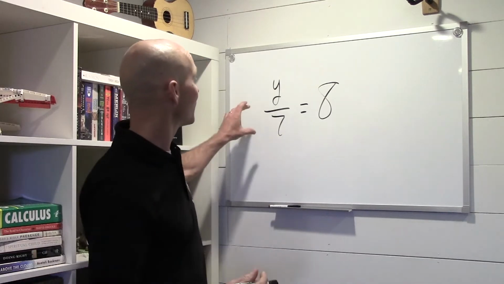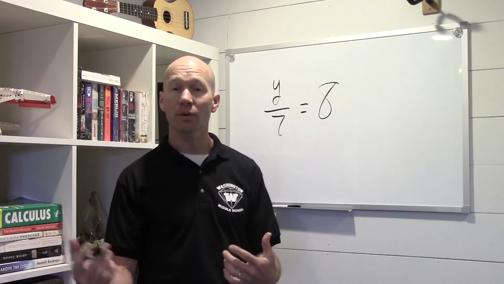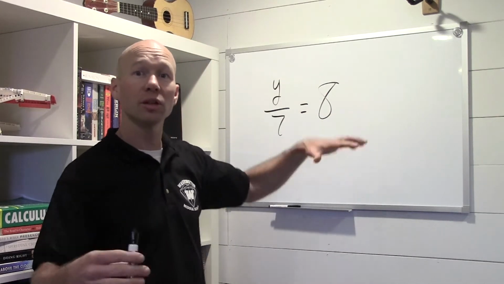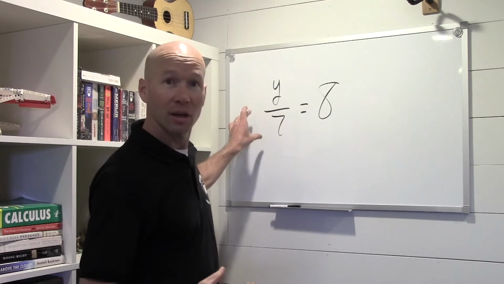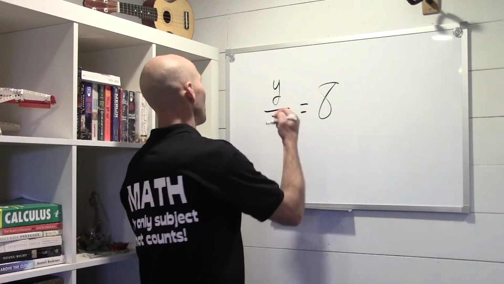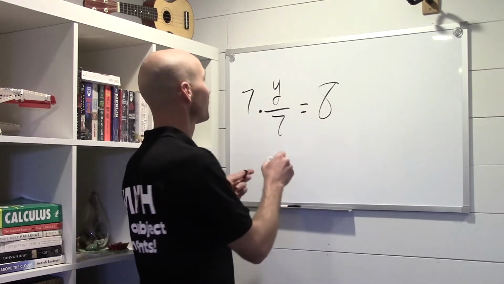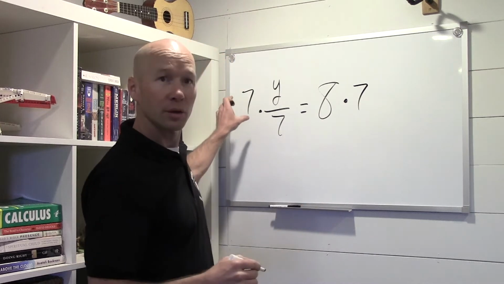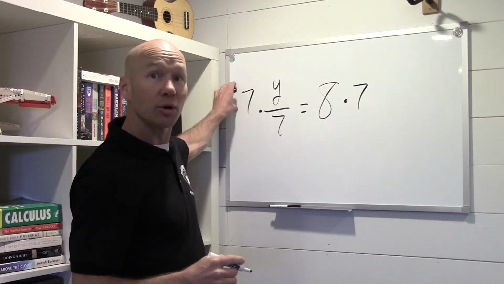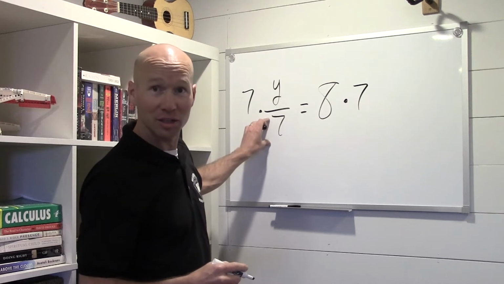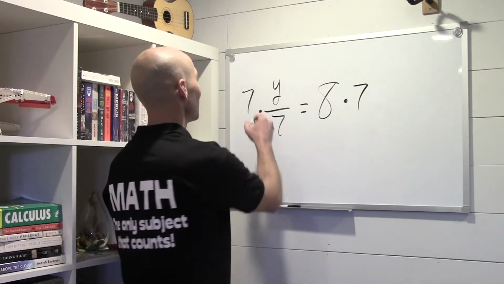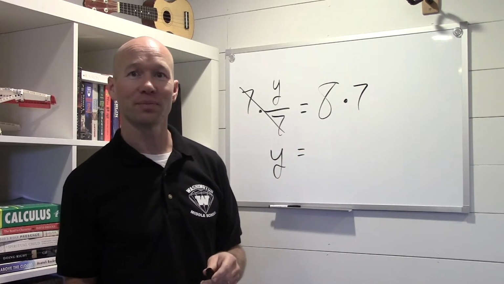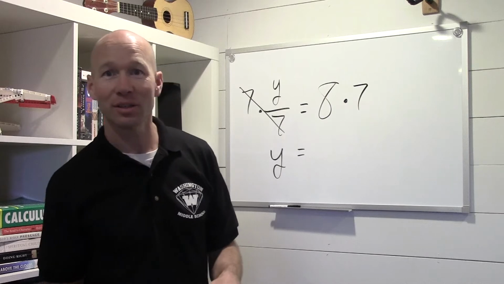Okay, y divided by 7 equals 8. If I have a divisor of 7, I'm going to do the inverse operation, the opposite operation, so I can isolate my variable and leave it alone on one side. The opposite of division is multiplication. We're going to multiply this by 7, and we're going to multiply the right side by 7. A numerator of 7 and a denominator of 7, 7 divided by 7 is 1, so they cancel each other out. I've got y on one side of the equation. And 8 times 7 is what?